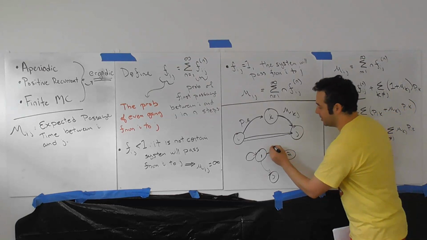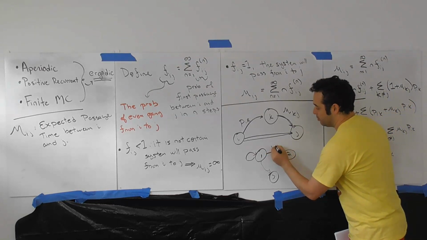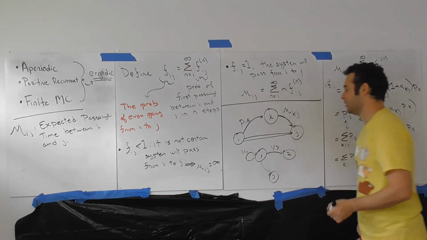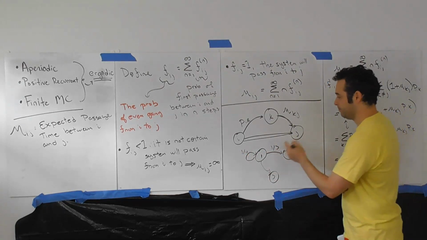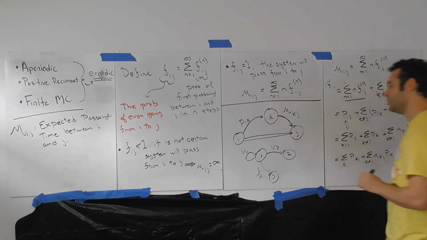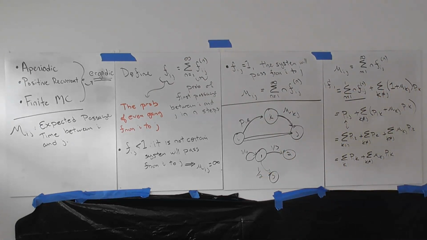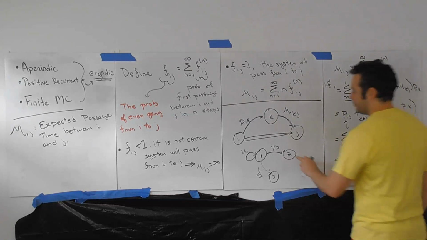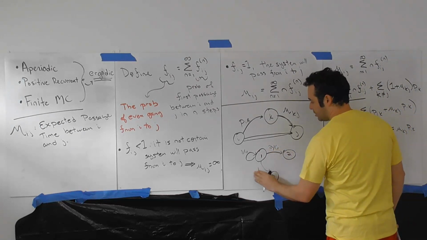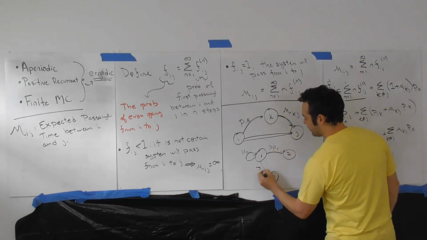So like maybe this is 1/3. This can be 1/6. That would make that 1/2, maybe? I'll just make my life easier. So 2/6, yeah, 3/6. Okay.